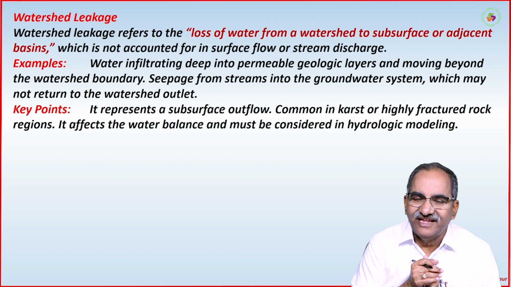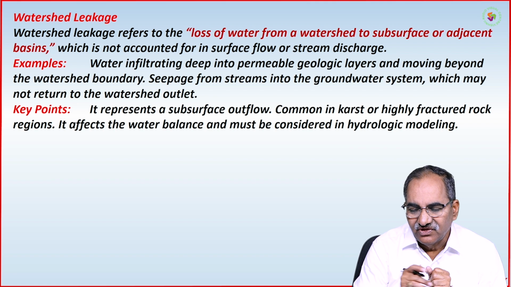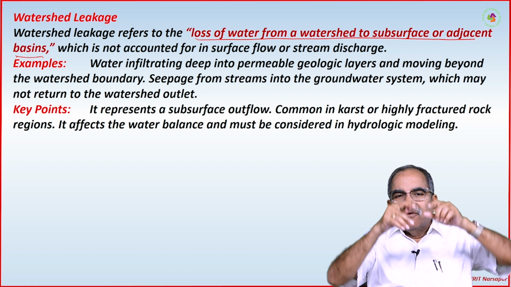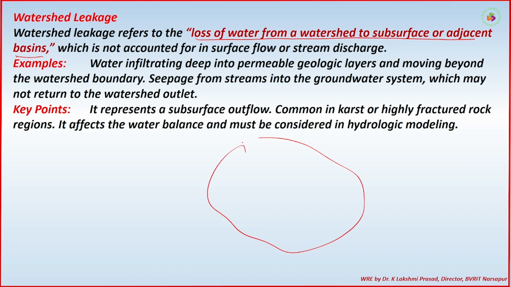Then what is watershed leakage? Watershed leakage refers to the loss of water from the watershed to the subsurface or an adjacent basin. If water leaks from this watershed into the subsurface or to the next watershed, that is what we call watershed leakage. Or if it is percolating deep in the ground but not contributing to this watershed, and is contributing to some other watershed, that is also watershed leakage.